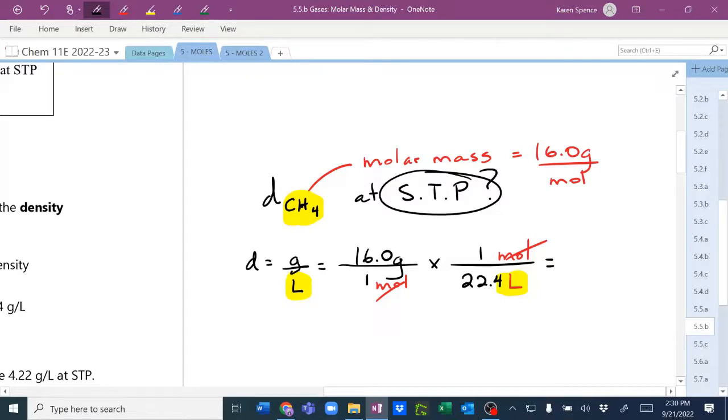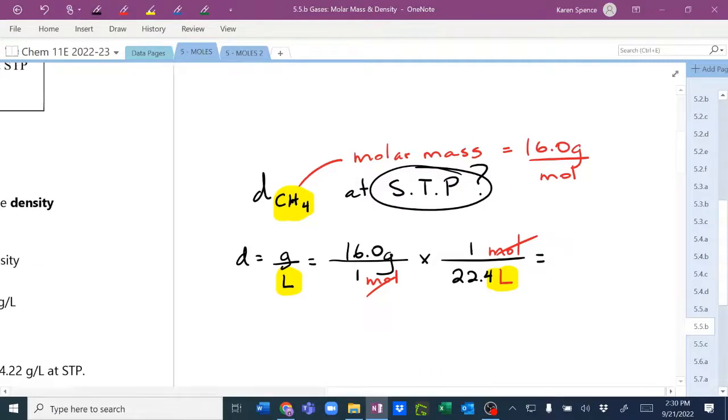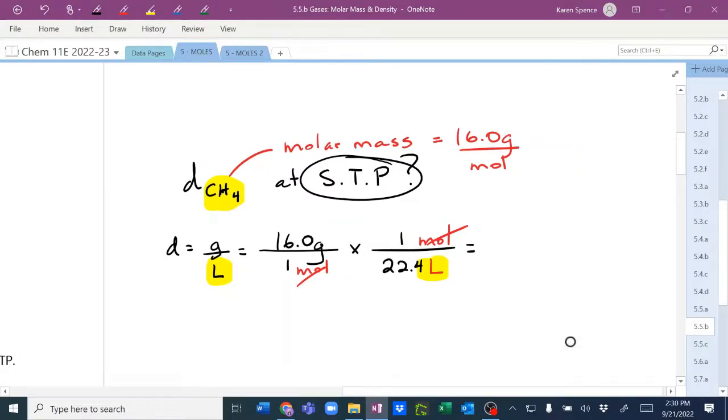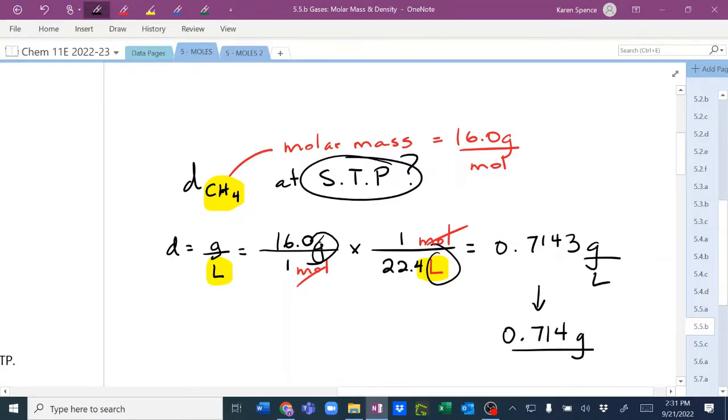And we get 16 divided by 22.4 is, why are you not behaving? Come on. 0.7143. And the only unit I have left is grams per liter. Is that what I wanted? Yes. And that's not right for sig figs. I would want it to become 0.714 grams per liter.